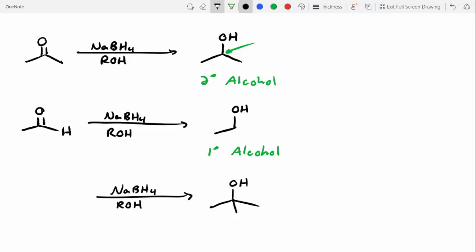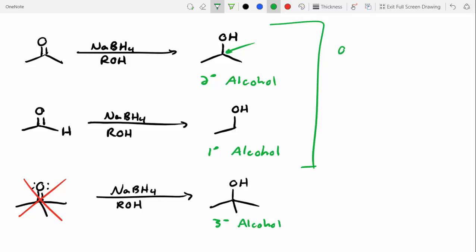If you look at the top 2, that carbon-oxygen bond in our alcohol used to be a carbon-oxygen double bond. So if we tried to do the same thing here, which I see organic chemists try to do once in a while, you have this as your starting material. What's the problem with this? Texas carbon. So in this case, we can't make tertiary alcohols using this sort of reduction. We can only make primary and secondary alcohols.